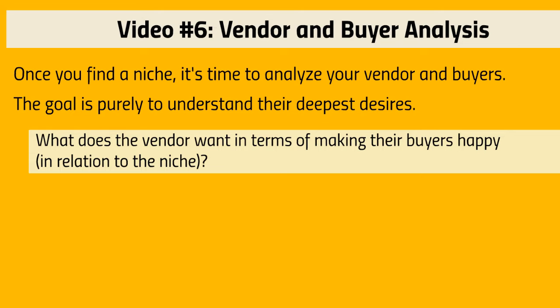In other words, when a vendor sees something, they either think, this is something that my buyers definitely don't want, or this is something that my buyers really, really want, and I want to make a deal with another vendor and make a special deal for my buyers.